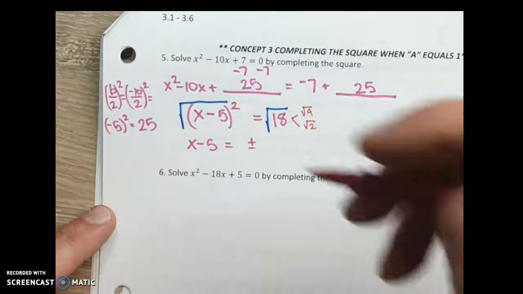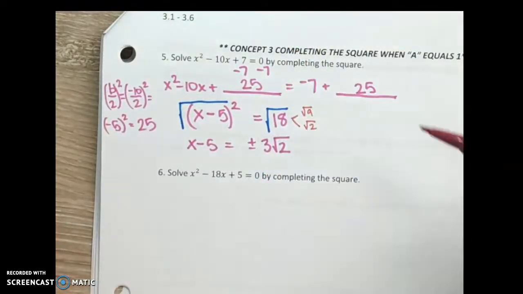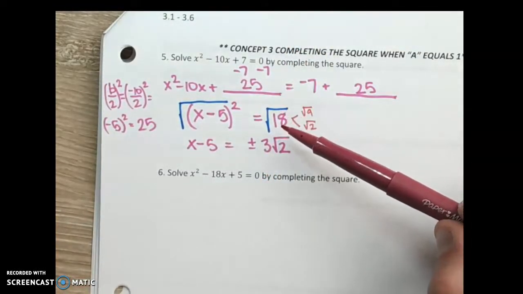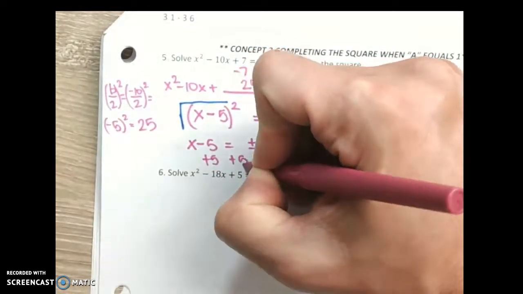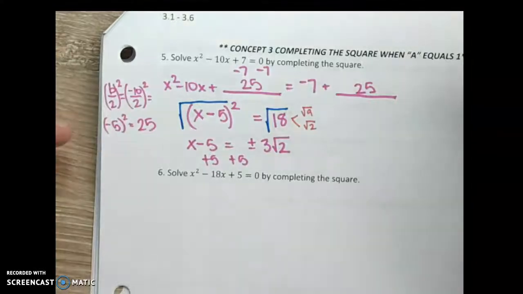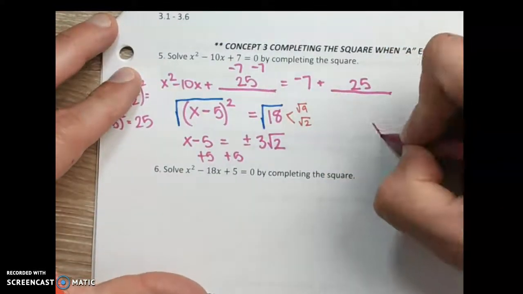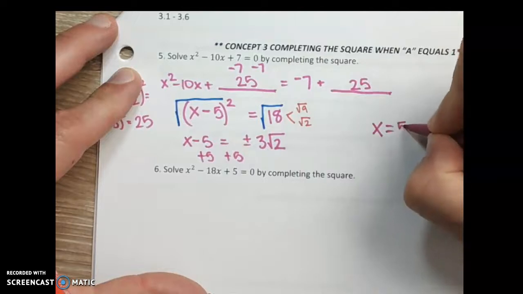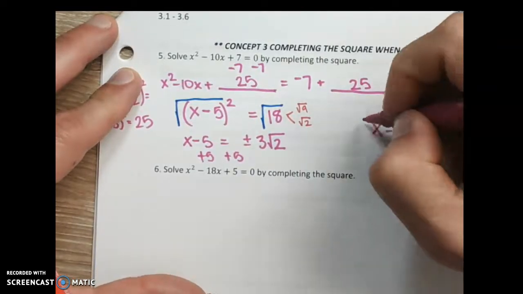So I'd simplify as 3 root 2. You must always simplify any perfect squares. You have to take out a radical. Then the last step would just be to add 5 to both sides. And if we're not working with calculators, then we could just leave it in this answer right here. x equals 5 plus or minus 3 root 2.